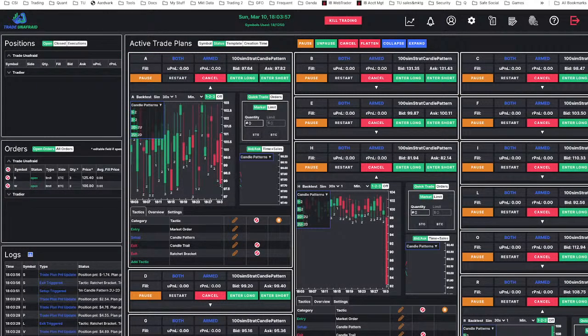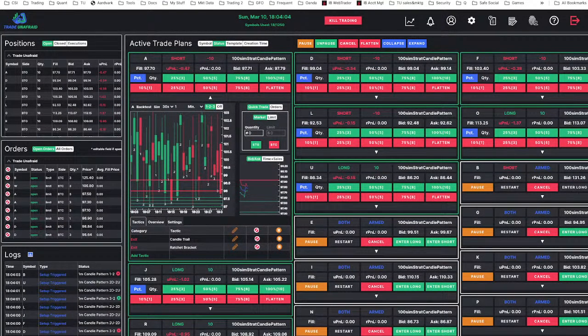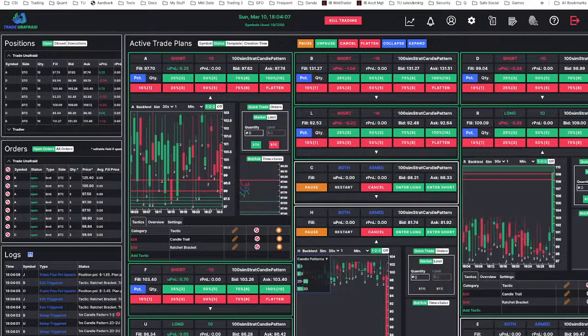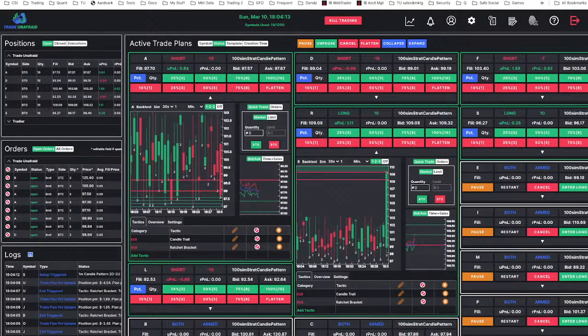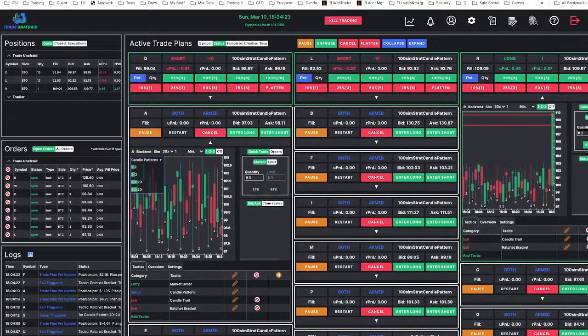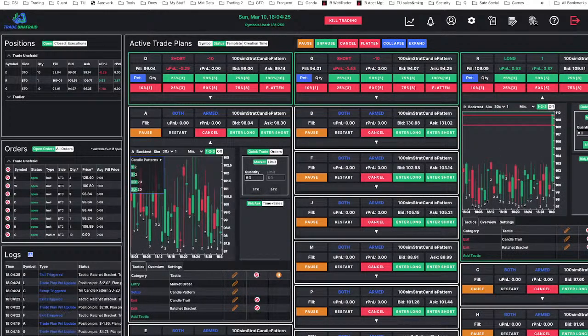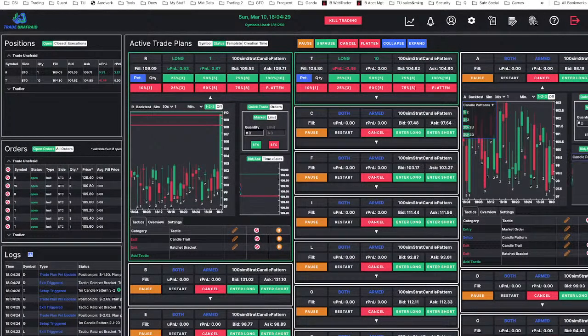So if you think about it, if you're trading in the money and you say you're bouncing off of an EMA and you have that candle break, you don't know which strike is going to be in the money at the time that it finally says, okay, it's time to be in. But the software handles that for you. You just say, I want to buy the strike that's in the money at the moment that it triggers, and it'll figure that out.